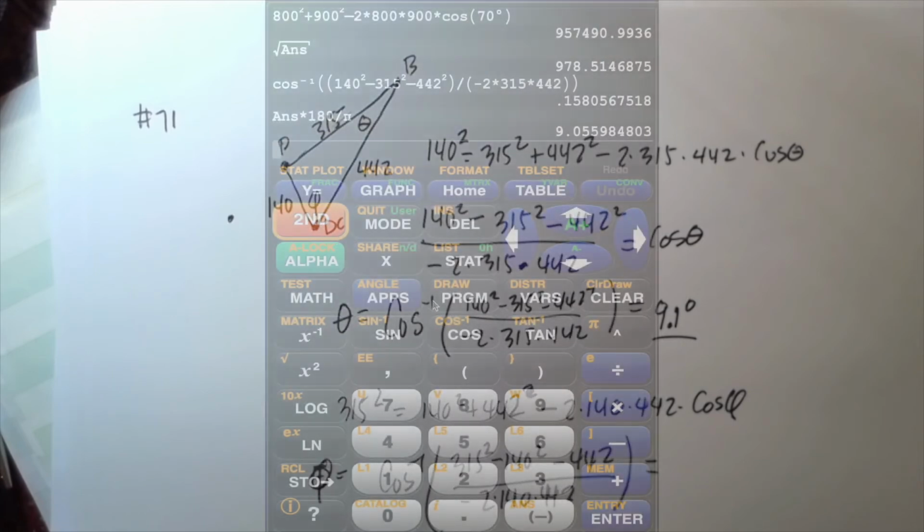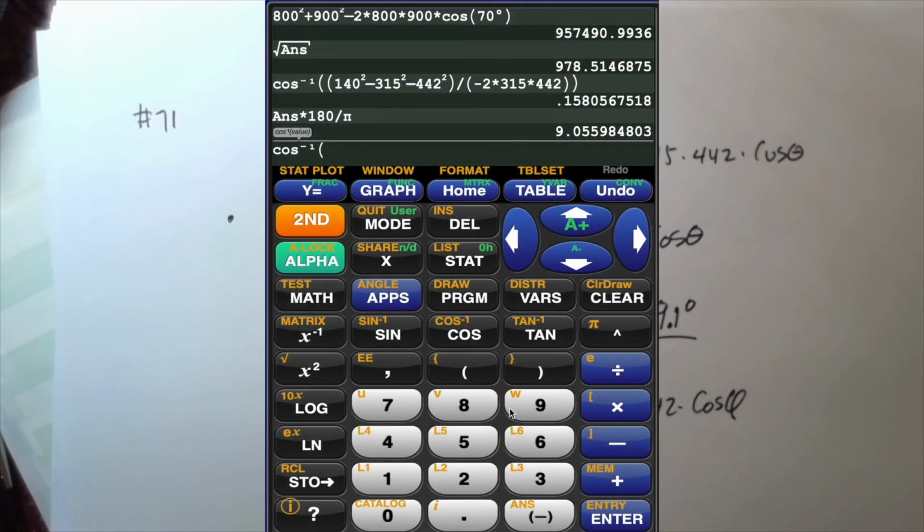Cosine inverse 315 squared minus 140 squared minus 442 squared. Oh, I forgot my other parentheses for the numerator. Let's go back in here.